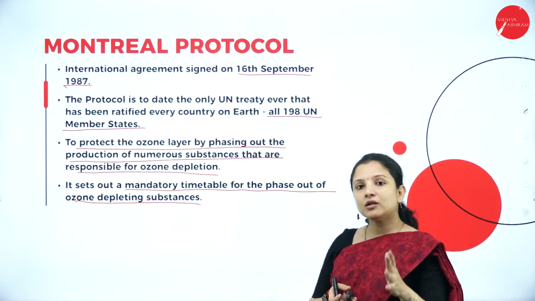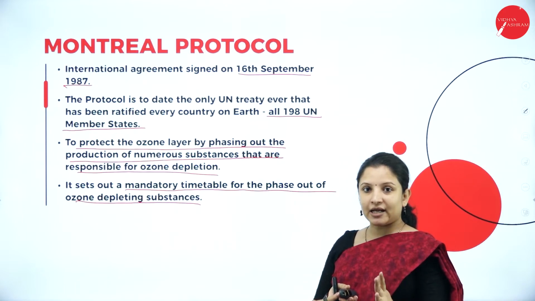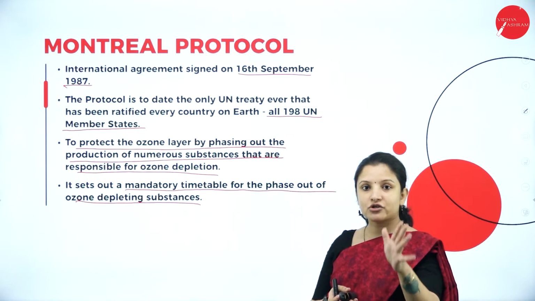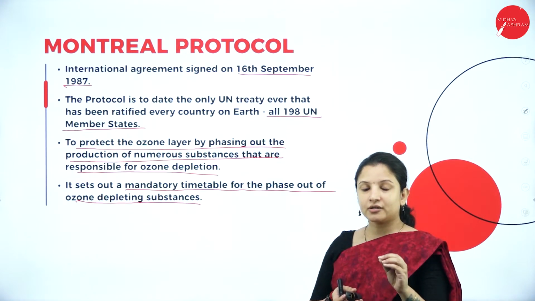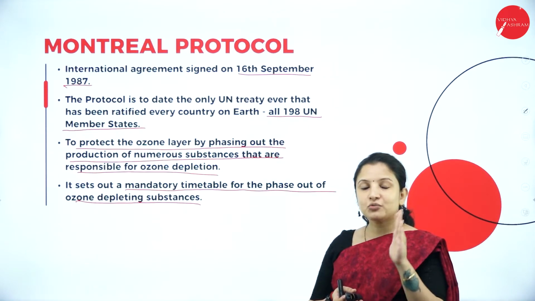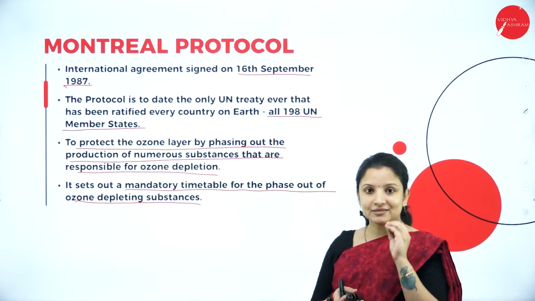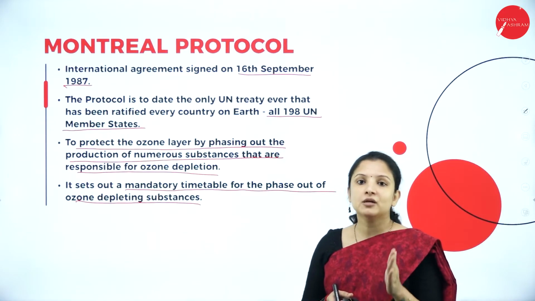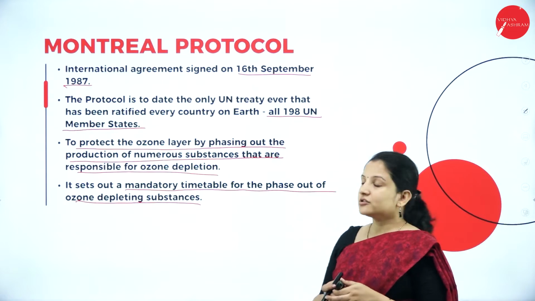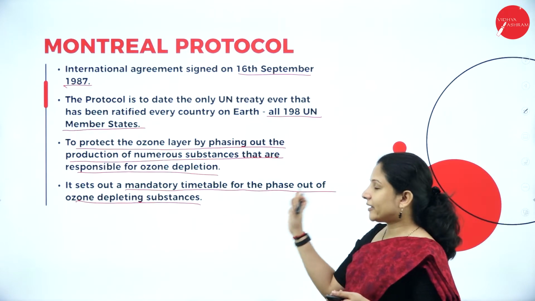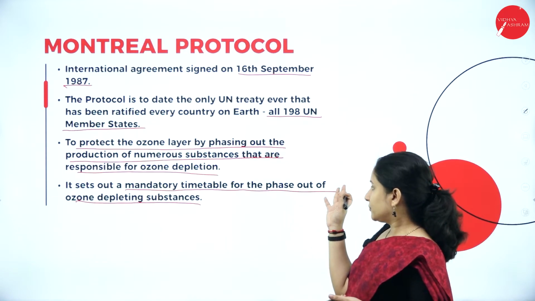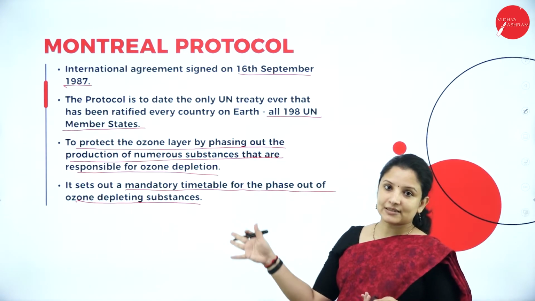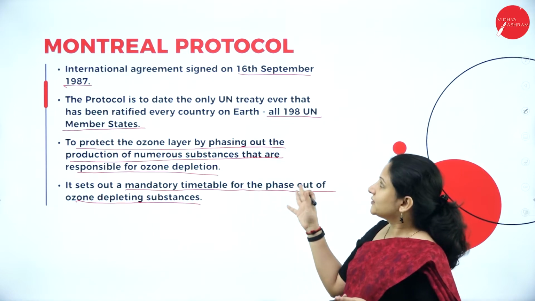All the 198 member states are given a certain time period in which they have to make sure that all the products containing ozone depleting substances are stopped from being manufactured. That is what it means here, a mandatory timetable for stopping the production of ozone depleting substances.